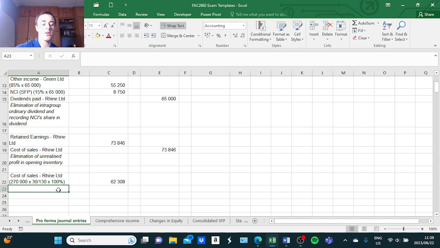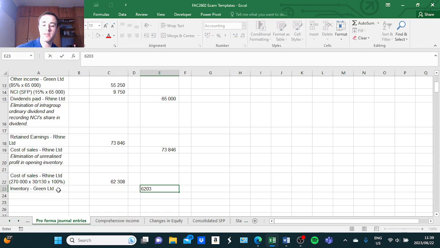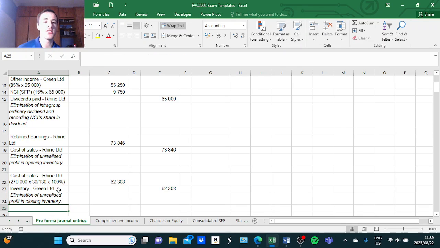Therefore, we will credit inventory for Green Limited by the same amount, 62,308, and this is the elimination of unrealized profit in closing inventory. The reason why I've drafted this journal entry first is to see what adjustment we need to make to inventory.